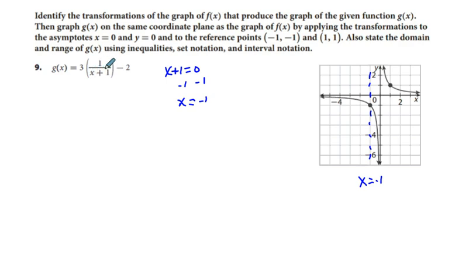And if we go ahead and put in a value of negative 1, it says to use the reference points, negative 1, 1. So if we put in g of negative 1, what are we going to get? Well, we're going to get 3 times 1 over negative 1 plus 1 squared minus 2.